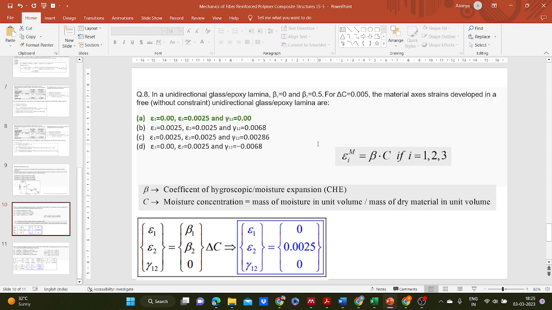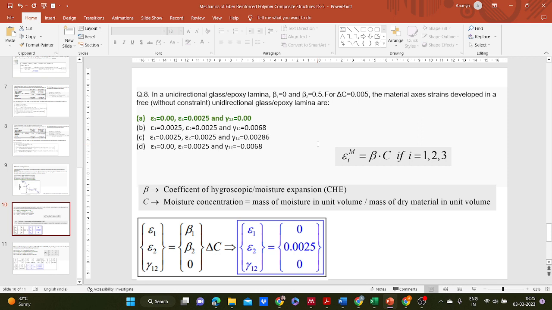Yeah, whole lamina. Now my doubt is, if the lamina absorbs 0.5% of the moisture, so we have to take that C as 0.5. If it takes 0.5%, then you have to take it as 0.005. Okay.